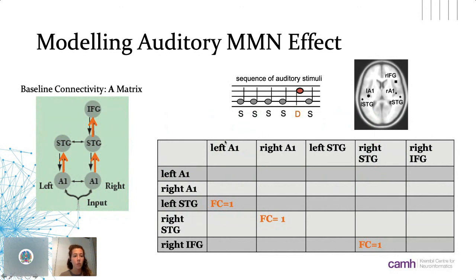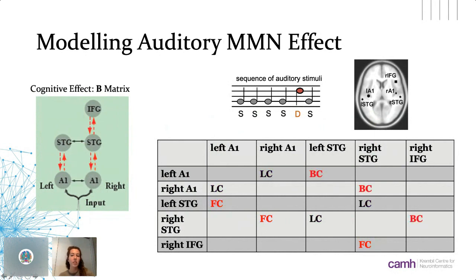So from the left A1 to the left STG, as seen here, we believe a connection, and from right A1 to right STG. And then in our matrix, we also define our backward connections. So same idea, from left STG to left A1, from right STG to right A1, shown here. And we also have our lateral connections, which just makes sense anatomically. We know these regions are interconnected. So from right A1 to left A1, and the reverse from left A1 to right A1.